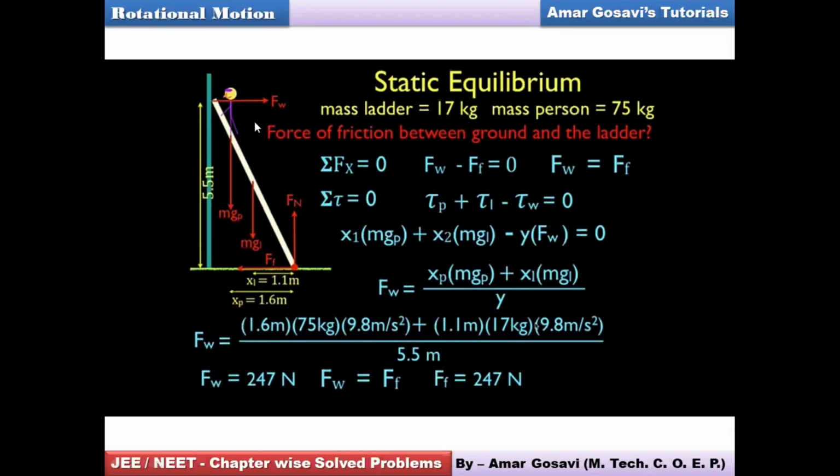Now, once you get Fw as 247 Newton, obviously Fw should be equal to the force of friction. Force of friction is 247 Newton. Please make a note of this. And those who have given me this answer, 247 Newton, that's the correct answer in this situation. Please make a note of this, friends.